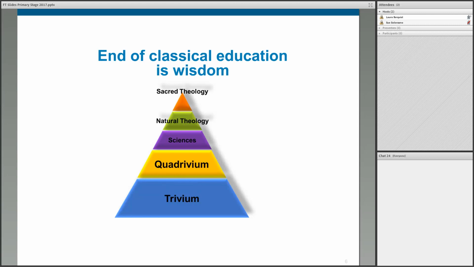So the trivium, the quadrivium, the sciences, the metaphysics or natural theology is all ordered to enabling us to do sacred theology really well. And this is not just my idea. St. Thomas, in his commentary on Boethius' De Trinitate, question 5, lays this out just in this order.